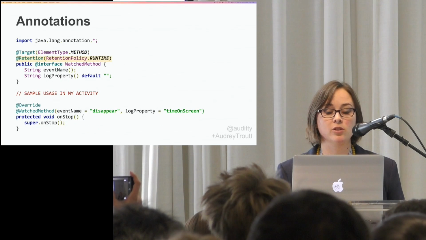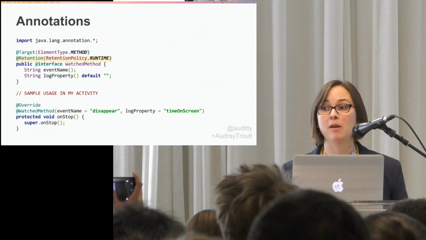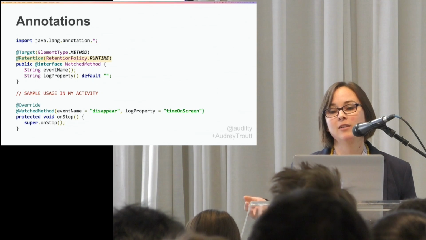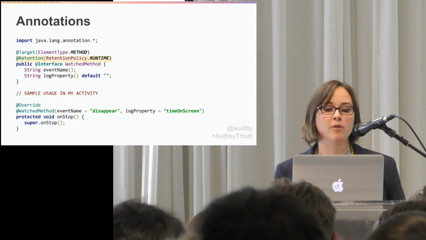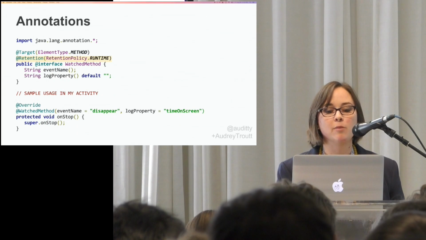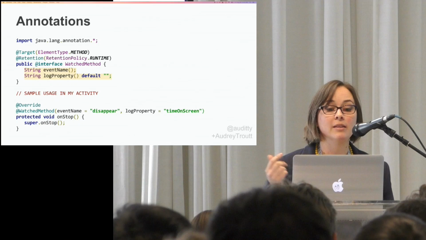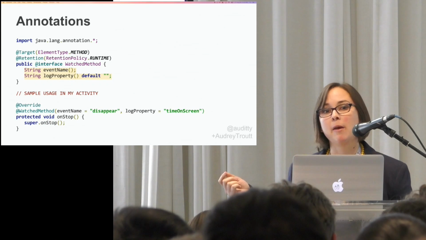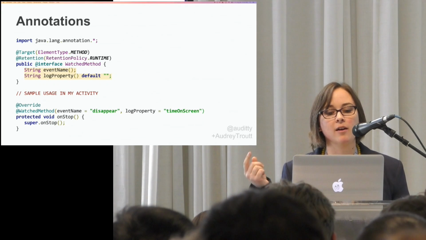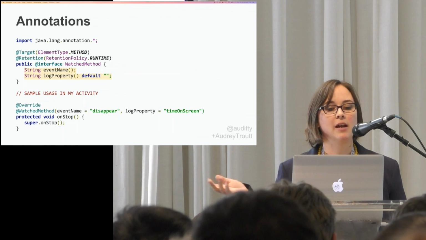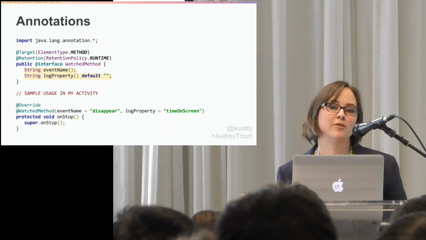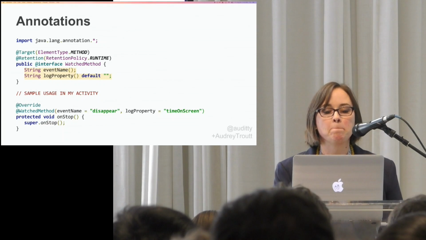I've indicated that it should be retained even at runtime, because maybe I want to use some reflection to identify those classes that are annotated with WatchedMethod, and they can take parameters. In this case, I've defined 2 parameters for my annotation, event name and log property. For log property, I've given it a default value of an empty string, no property.